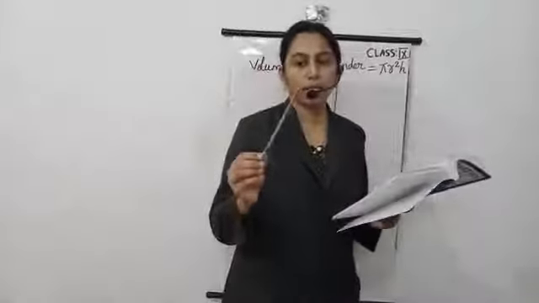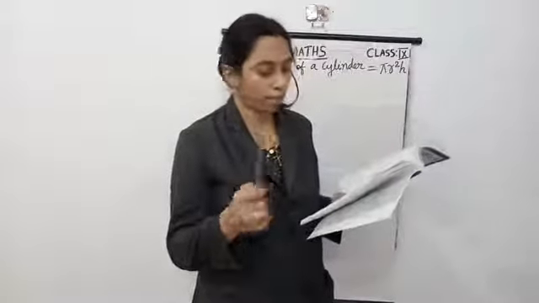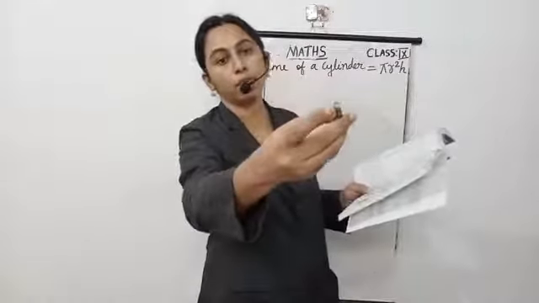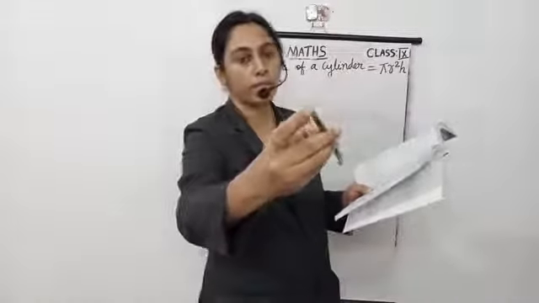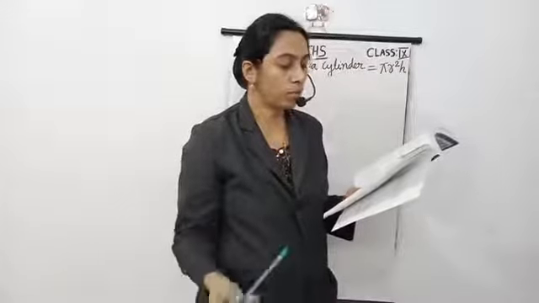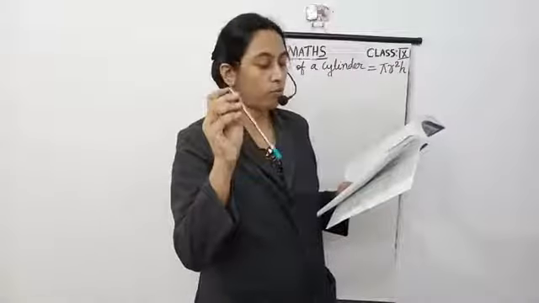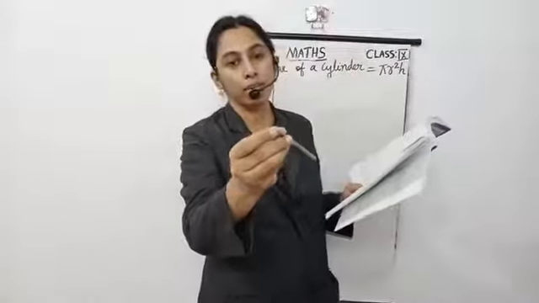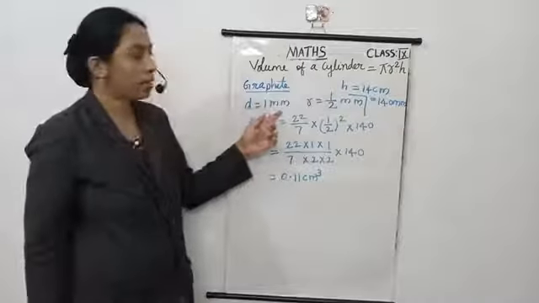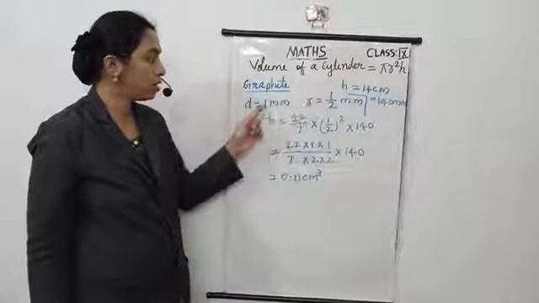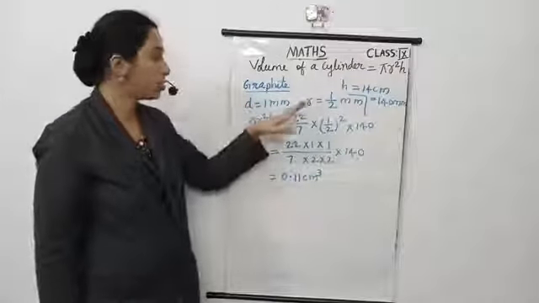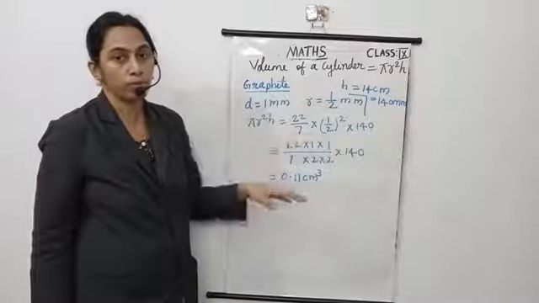So it is a pencil of cylinder shape with graphite filled in its interior. We need to find the volume of wood and the volume of graphite. For graphite, the given diameter is 1 millimeter. The radius is half the diameter, so r equal to 1 by 2 millimeter.